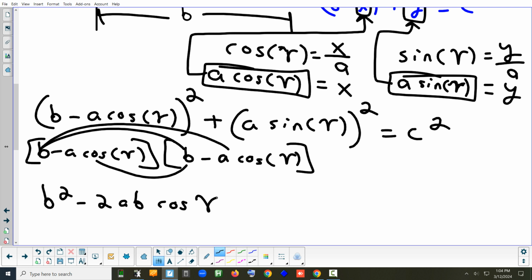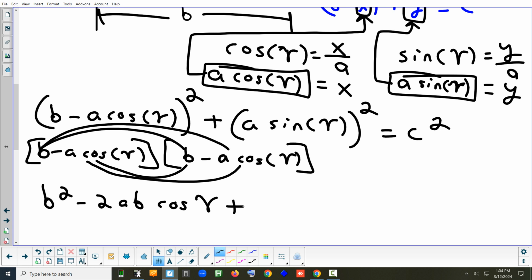So we get AB cosine gamma, another AB cosine gamma. And what about negative a cosine gamma times negative a cosine gamma? What's that going to be? A cosine gamma squared.